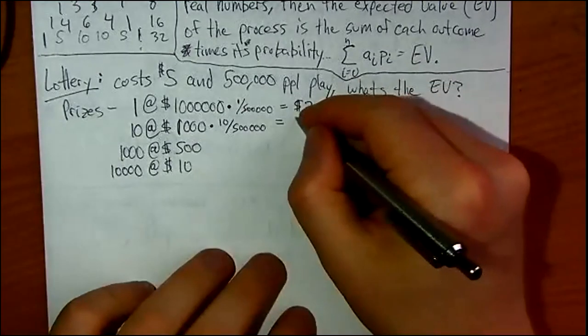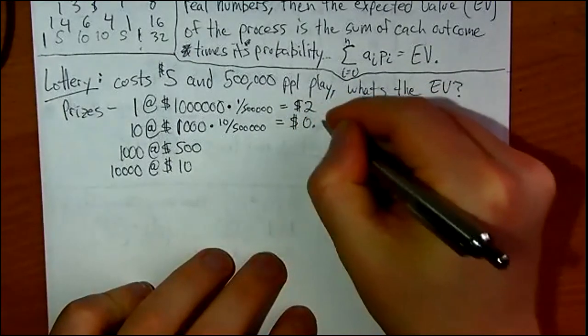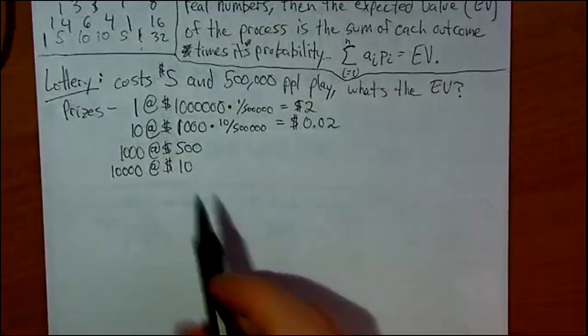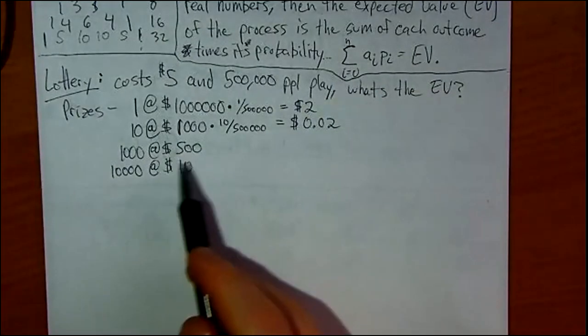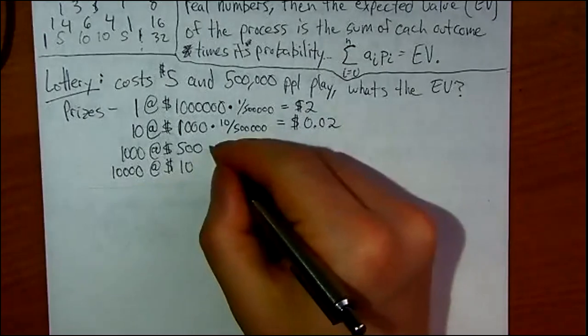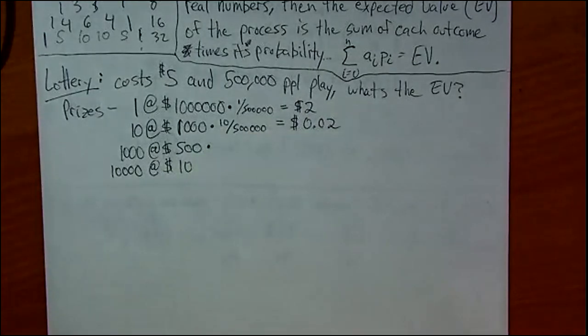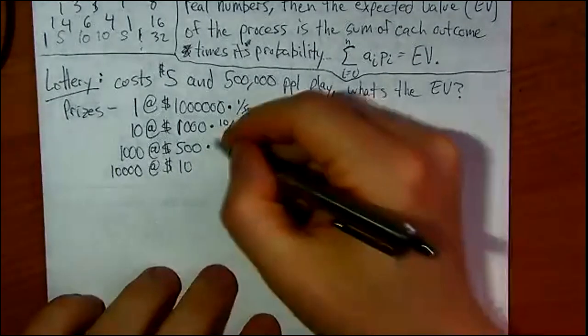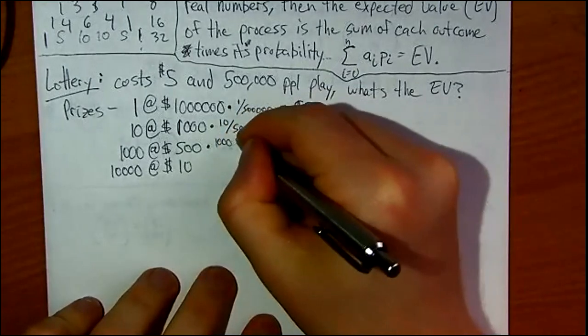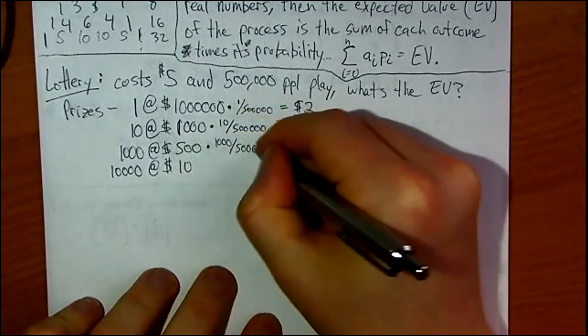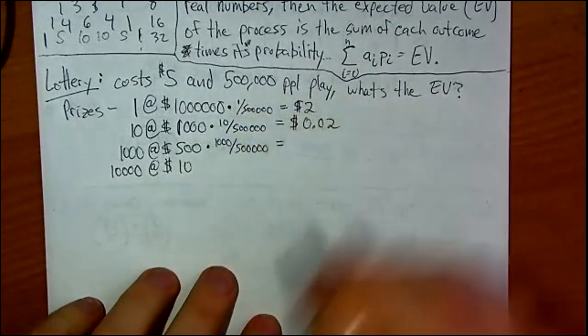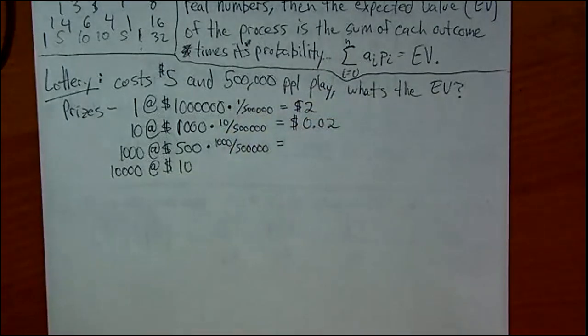2 cents. Okay, great. Okay, how about this next one? So it's $500, and what's the probability of winning? Okay, 1,000 over 500,000. So how much is that one going to be worth?